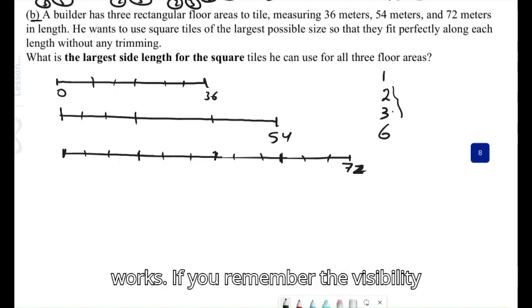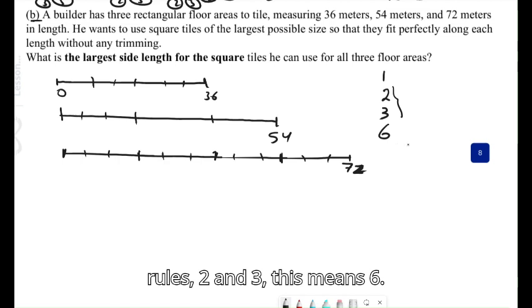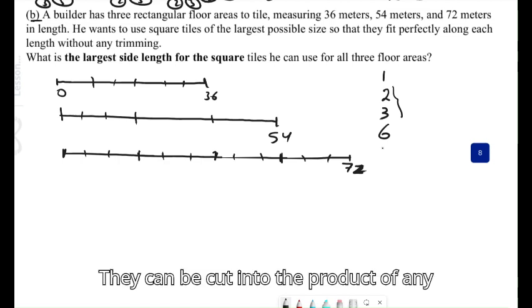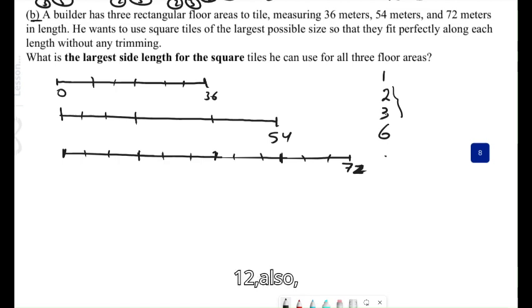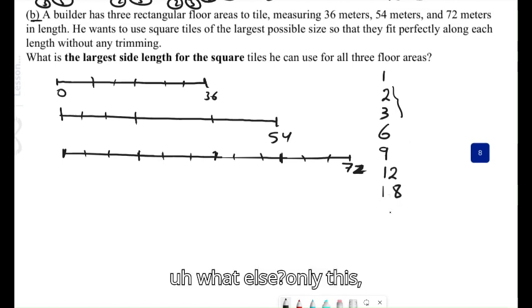If you remember divisibility rules, 2 and 3, this means 6. They can be cut into the product of any of these. So 2 times 6, which is 12. Also 9, 12, 18. What else? Only this. Nothing more.